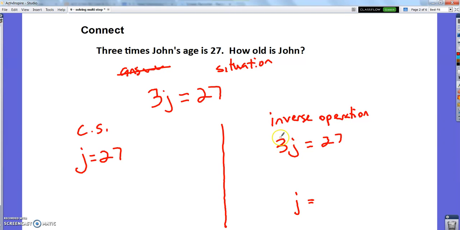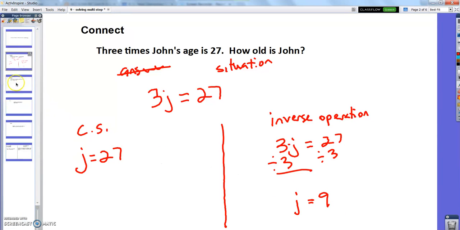Since here John's age is being multiplied by 3, I can find what 1J is, just a J, by dividing by 3, and also doing that on the other side as well. If I divide both sides by 3 because the opposite of 3 times J is divided by 3, then 3J divided by 3 is just J. 27 divided by 3 is 9.